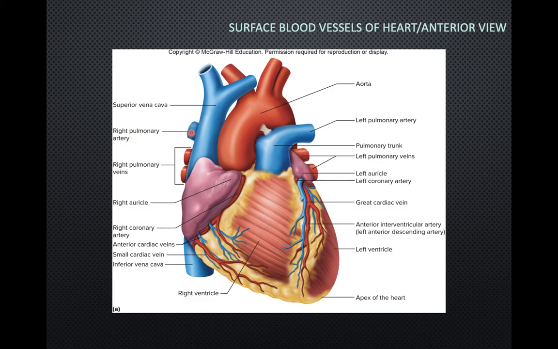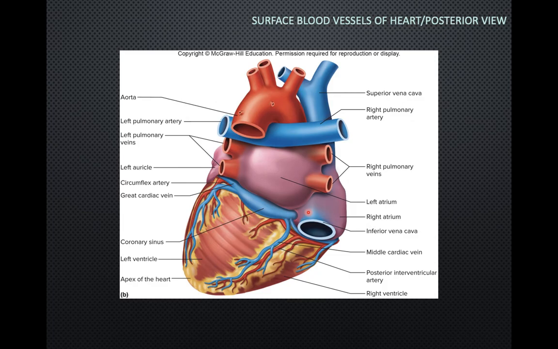We've got the right pulmonary artery, right pulmonary veins, left pulmonary artery, left pulmonary veins, the pulmonary trunk, and I think that's it. This is the posterior view. So now you can see the atrium a little bit better from the posterior view.